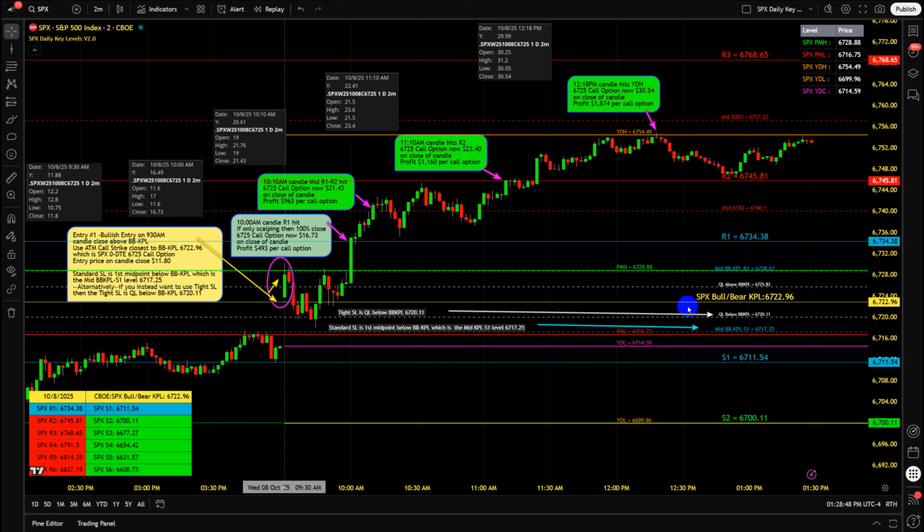About 90 to 95% of the time during the opening first part of the session, if you take trades, they're primarily going to be derived and triggered from the bull bear key price level. Later in the session, however, you will have trade opportunities derived from the other levels.